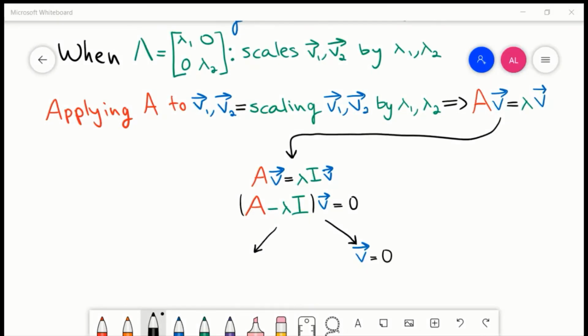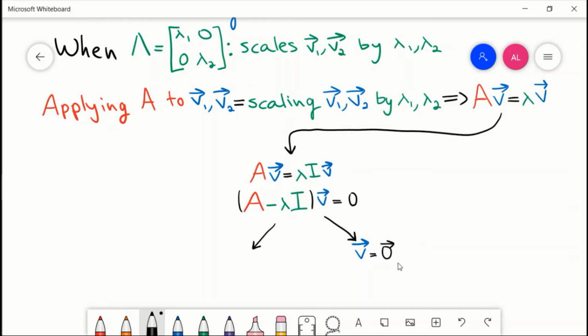The first case is when this vector v is the 0 vector, but this case is trivial. We won't consider it. The other case is, well, the only way that a matrix times a non-zero vector can be equal to 0 is if that matrix is singular, so its determinant is equal to 0. And so this is the non-trivial case of this equation.